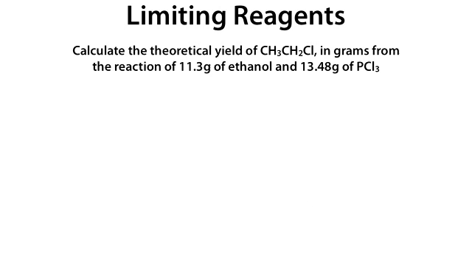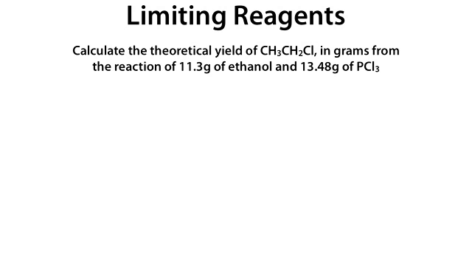Let's look at an example you might find in your chemistry course. Calculate the theoretical yield of CH3CH2Cl in grams from the reaction of 11.3 grams of ethanol and 13.48 grams of PCl3.